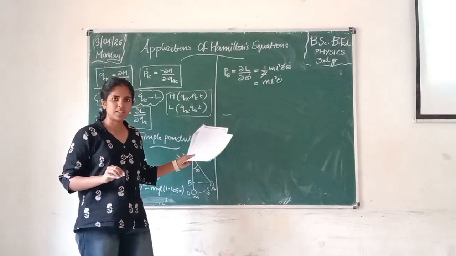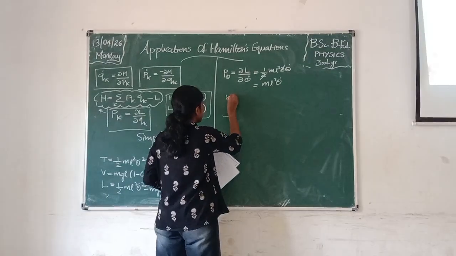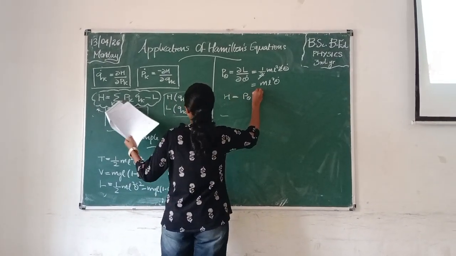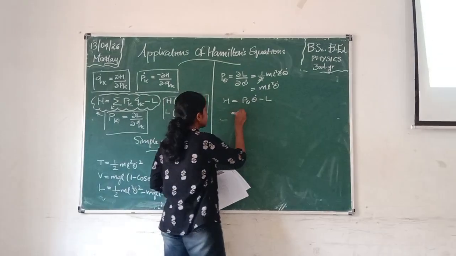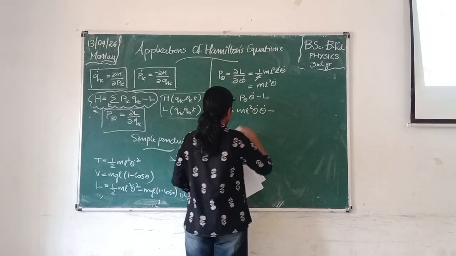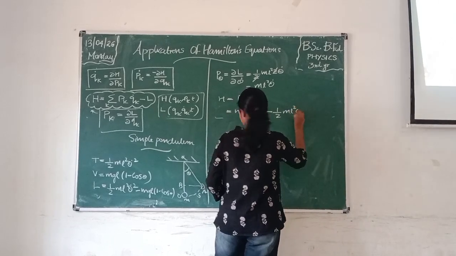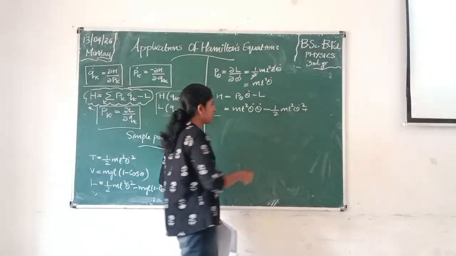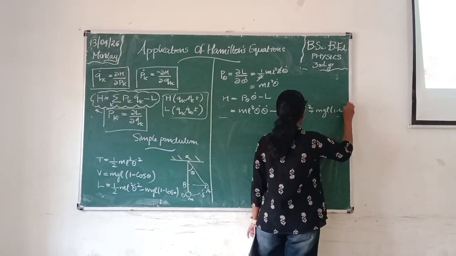This is p theta. So next we want to find the Hamiltonian. H is equal to p theta theta dot minus L. So p theta is m L square theta dot, into theta dot, minus L, which is half m L square theta dot square, and minus of minus will become plus mgl into 1 minus cos theta.